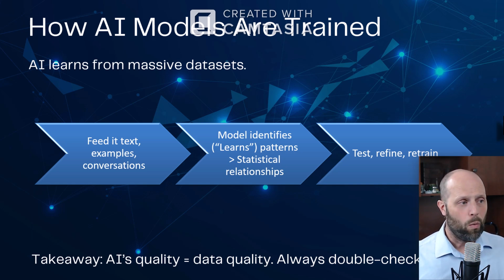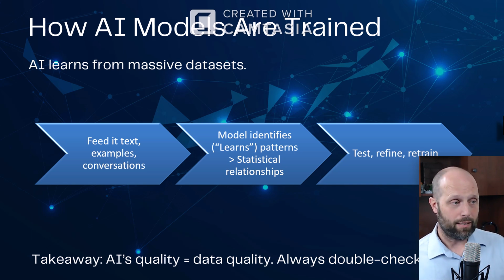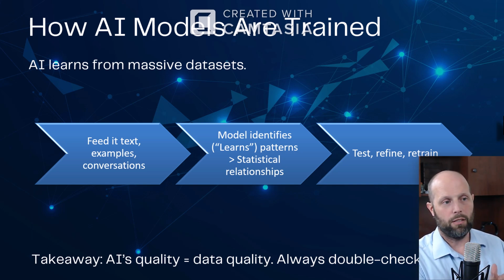So in order to feed an AI model, we feed it text, we feed it examples, we feed it conversations, and then we tell it, in what's called a training data set, okay AI, these are all correct answers. We tell AI that those are all the correct scenarios that lead to correct outcomes.